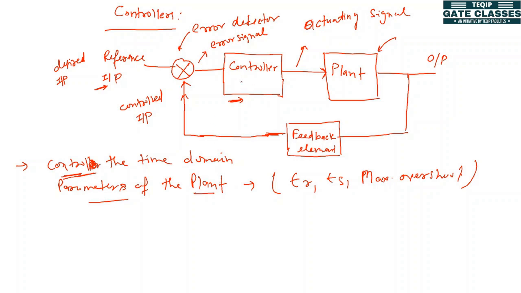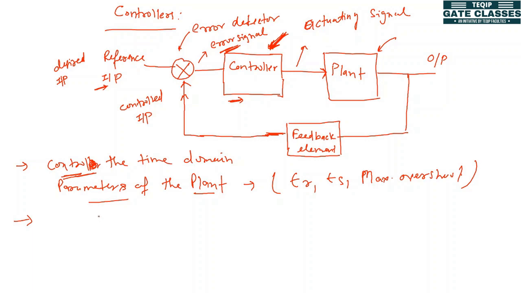So what is a controller basically? Controller is used to reduce this error so that we get the desired output. Controller is basically used to minimize the deviation from the desired output. So we can say that controller is a function of error signal, and the function may be anything.